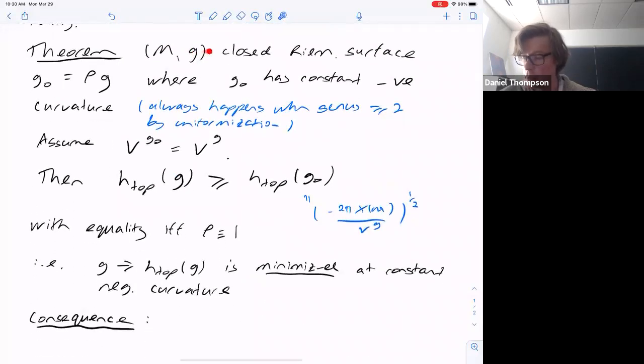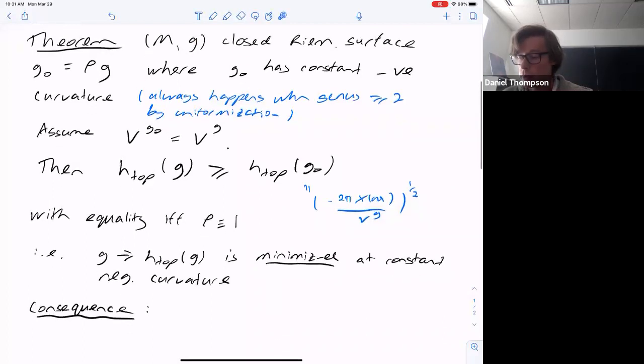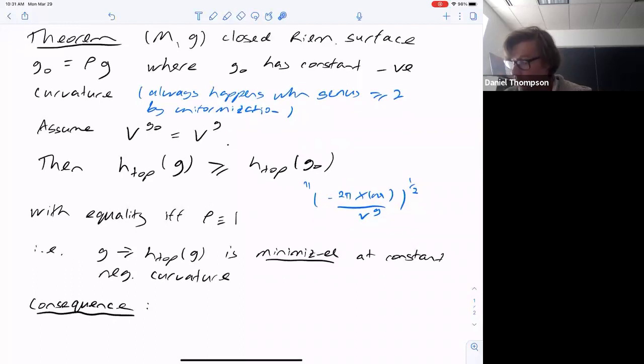So G here can be, there's no assumption on it at all other than that it's on a surface which supports a constant negative curvature metric. Okay, so this could have some bumps of positive curvature. So in this statement, we got a weaker assumption on G.